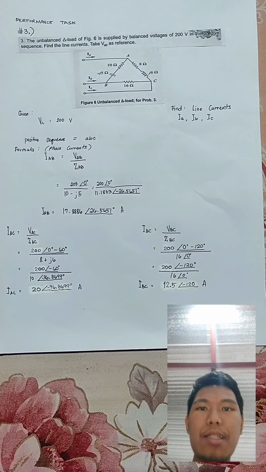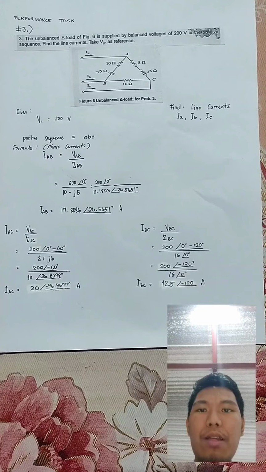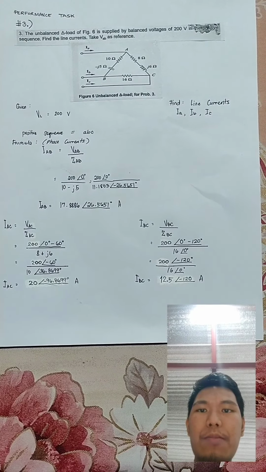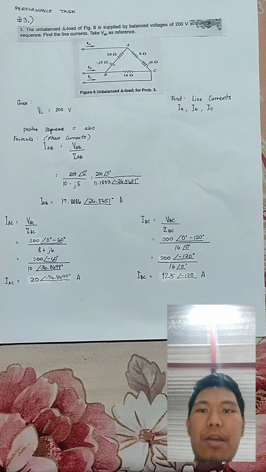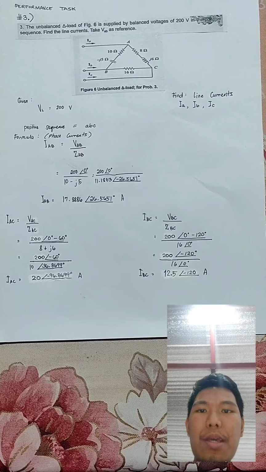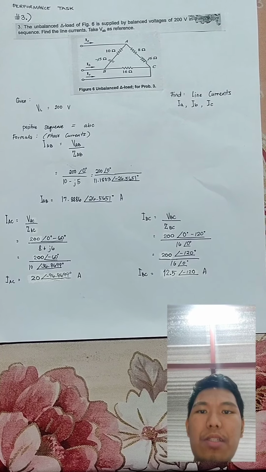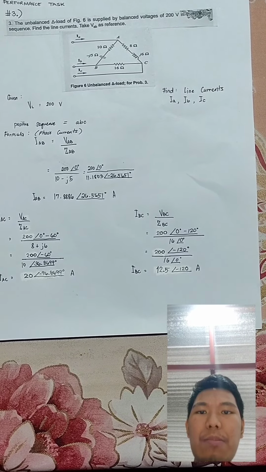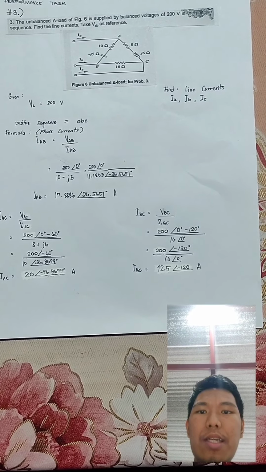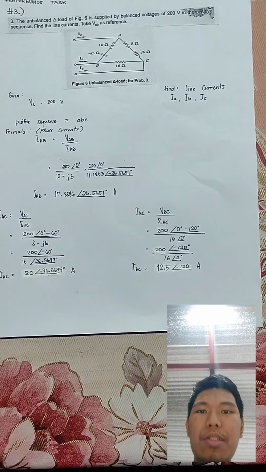Take VAB as reference. We have the given line voltage 200 volts with positive sequence ABC. We use the formula of the phase currents IAB equals VAB over ZAB. Our VAB is equal to 200 ∠ 0 degrees and our ZAB is equal to 10 minus j5.